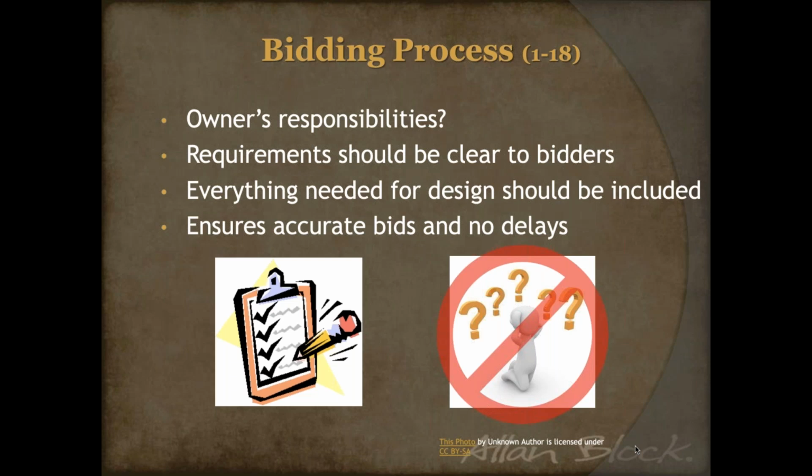If that doesn't happen, it's very easy for inaccurate bids to come in, and if those are approved, it's going to lead to changes needed down the line, which of course costs money and time as well. So we want to avoid any confusion, any missing parts of the bid. We want to make sure it's all there and available for those included.